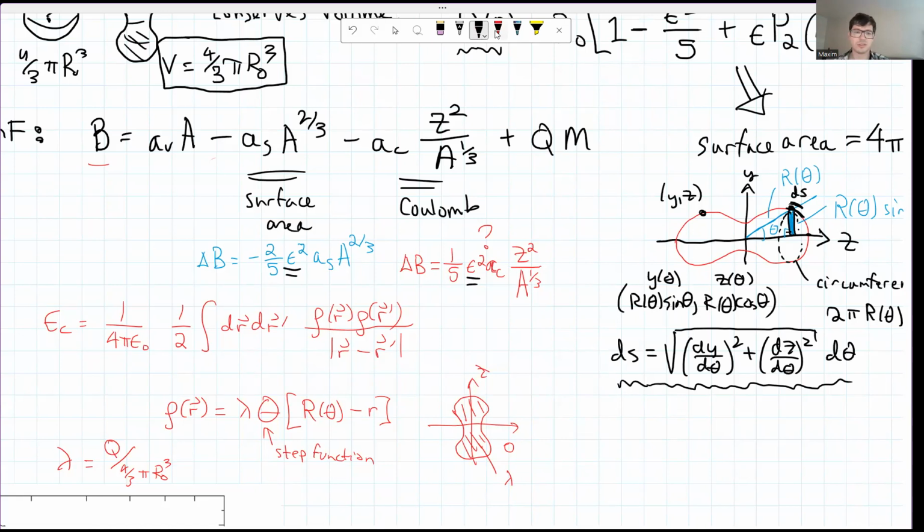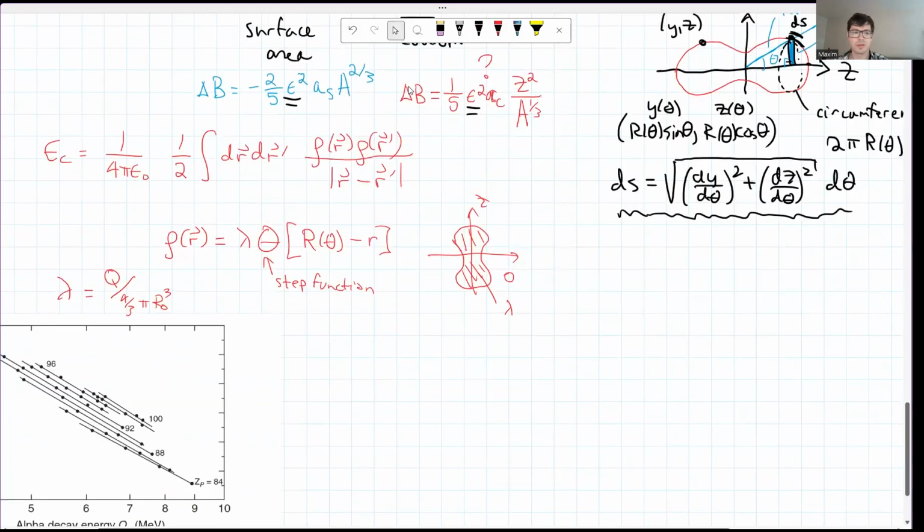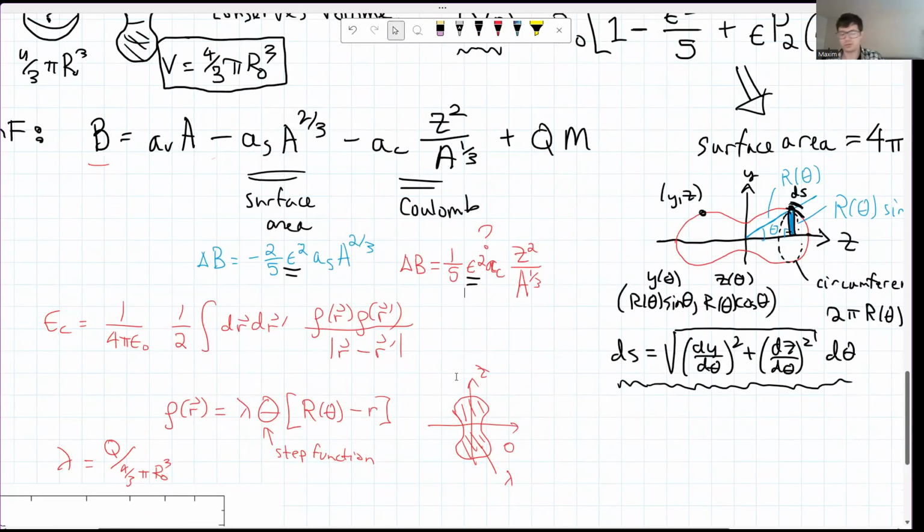So there's a critical value. There's a critical condition for when spontaneous fission should just happen automatically.